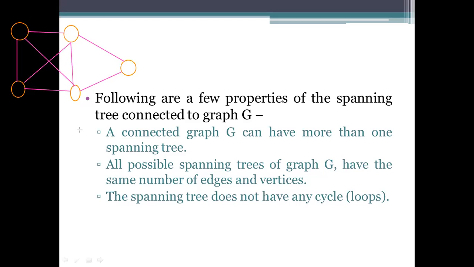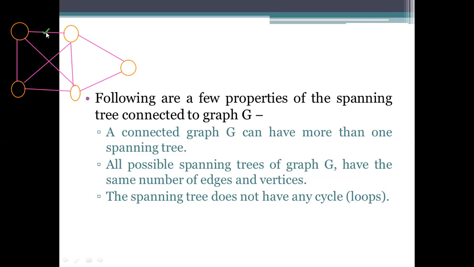Now see what edges are used to provide a spanning tree. We can mark the edges.